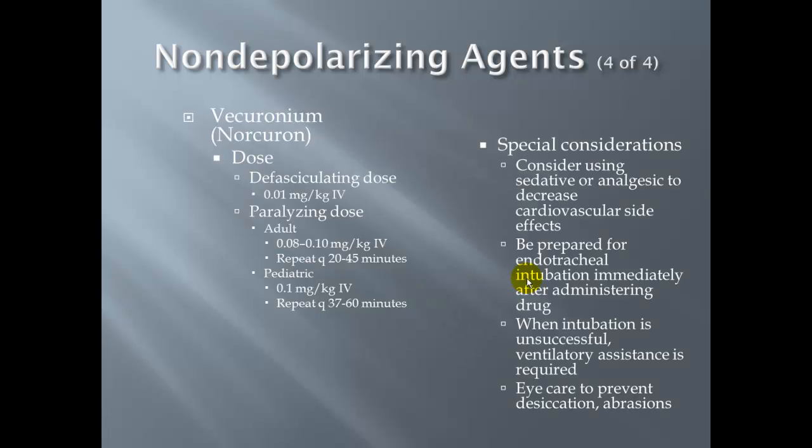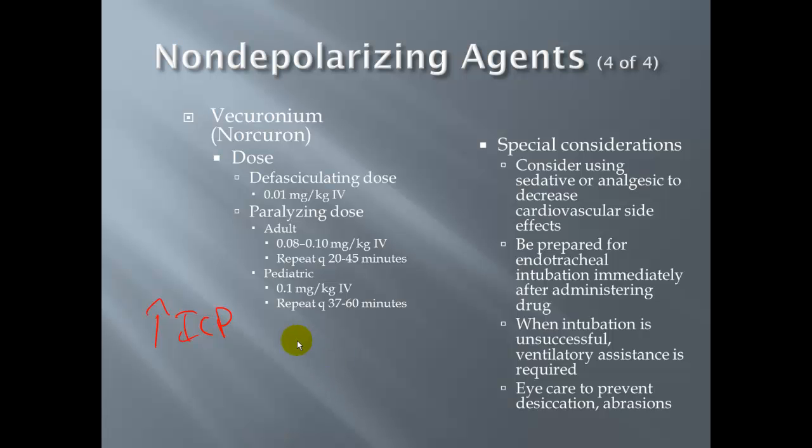Dosing of Vecuronium or Norcuron, a defasciculating dose. Now, if we're trying to be politically correct or we're worried about the fasciculations causing an increase in ICP, we should probably defasciculate our patient, which means we're going to put on board a medication to where they're not going to fasciculate.